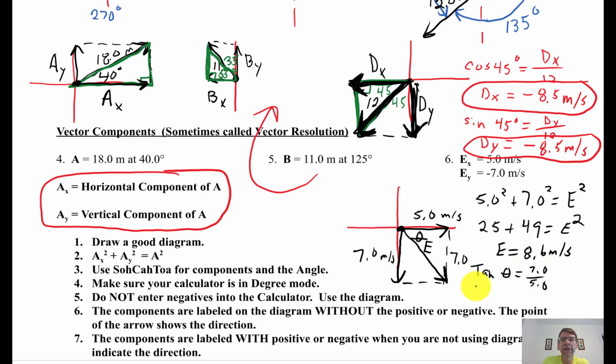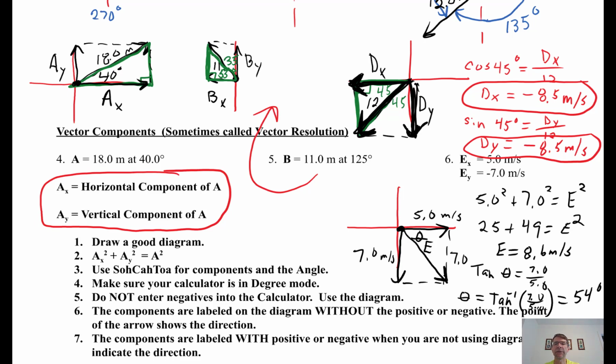So on your calculator, theta would be the inverse tangent. Theta is the inverse tangent, so on the calculator it'll say something like tan to the negative 1, and then you put in 7.0 over 5.0, and you calculate that all out, and you get 54 degrees.